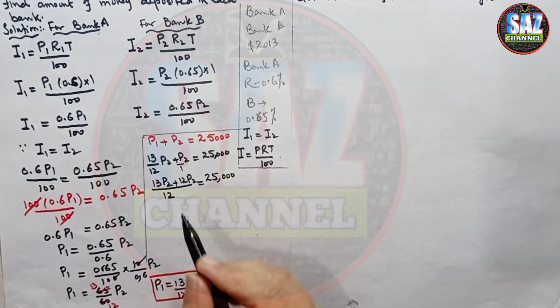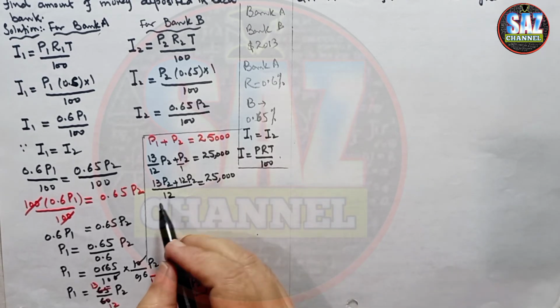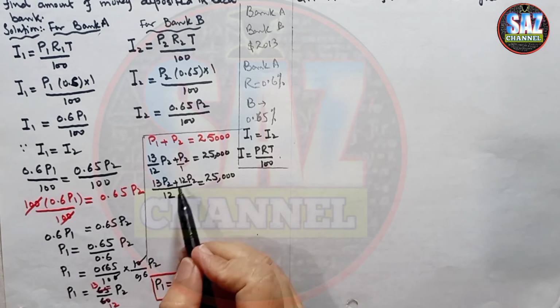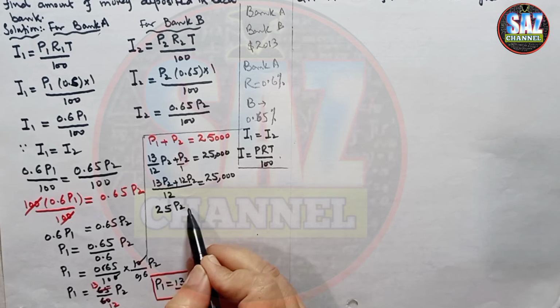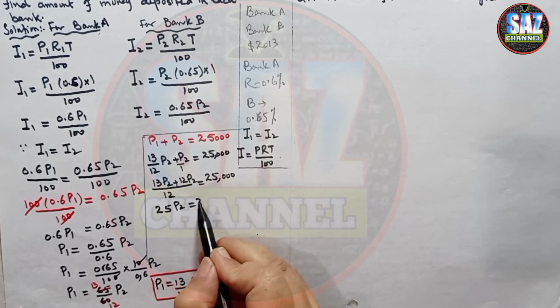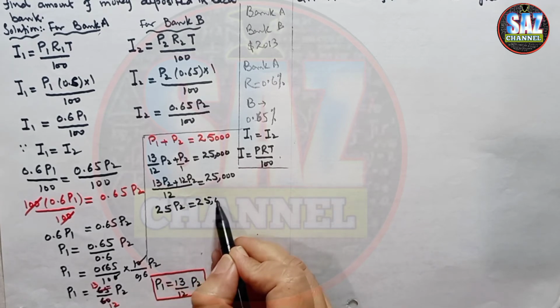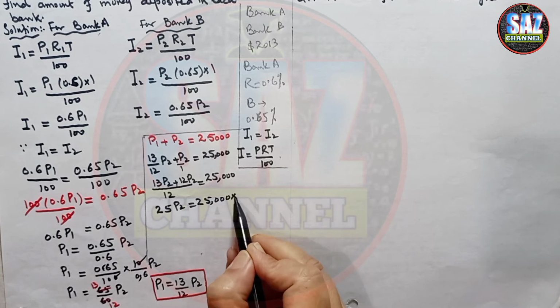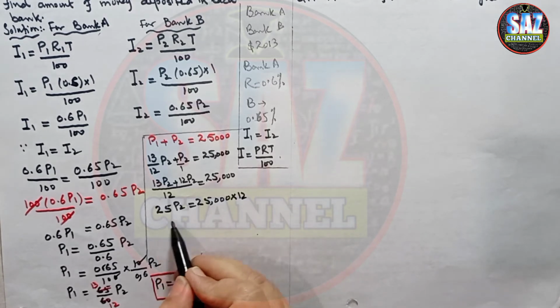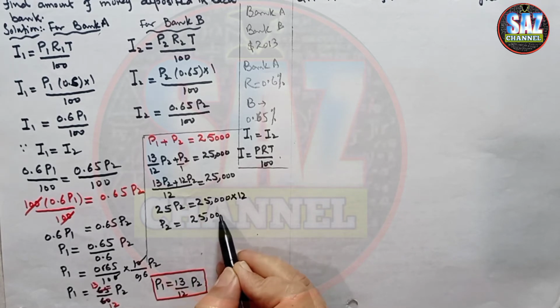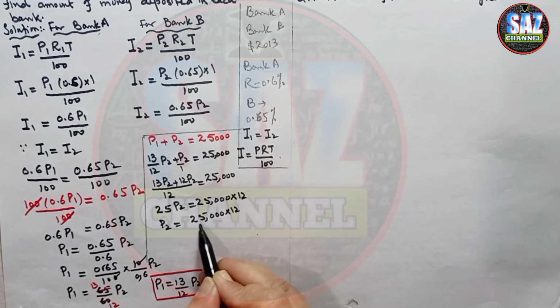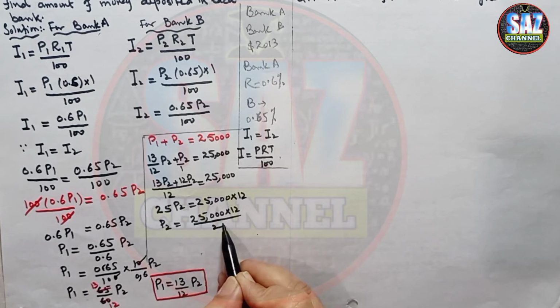Now I have to shift this 12 to the other side, and 13 plus 12 will give me 25 P2 equals 25,000 multiplied by 12, and shift this 25 to the other side. P2 equals 25,000 multiplied by 12 upon 25.